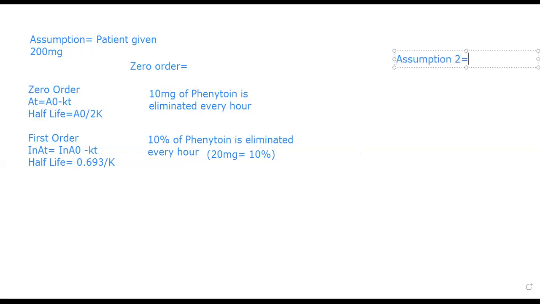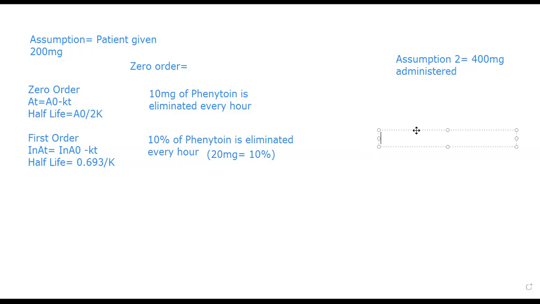now assumption 2 is 400 mg administered. Now we've upped the dose to 400 mg. In zero order, 10 mg still stands. But in assumption 2, for first order, 10% still stands. But now it's 10% of what? Of 400 mg.